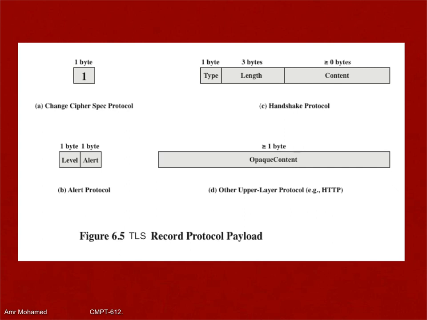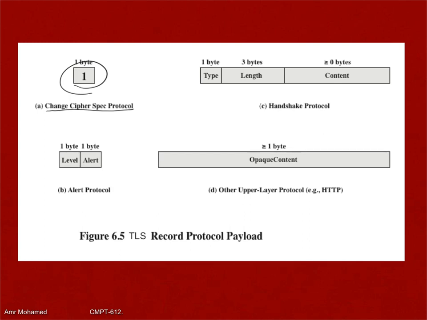So these are the 4 types for the content type. The content type may be a change cipher spec, in which case the message payload itself may have only one flag to say, use that particular cipher spec for all the upcoming connections. That's it. This cipher spec is now active and you can use it for all the upcoming connections.